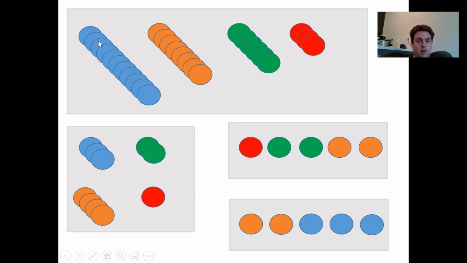So if there's a lot of blue circles here, and I'm randomly selecting people, chances are my sample is going to have a lot of blue people, just because probability-wise, there's the most blue in the population. On the other hand, if I'm randomly selecting people from this population, chances are my sample is going to end up with not very many red, because the probability of picking a red is low, since there's not many reds in the population.